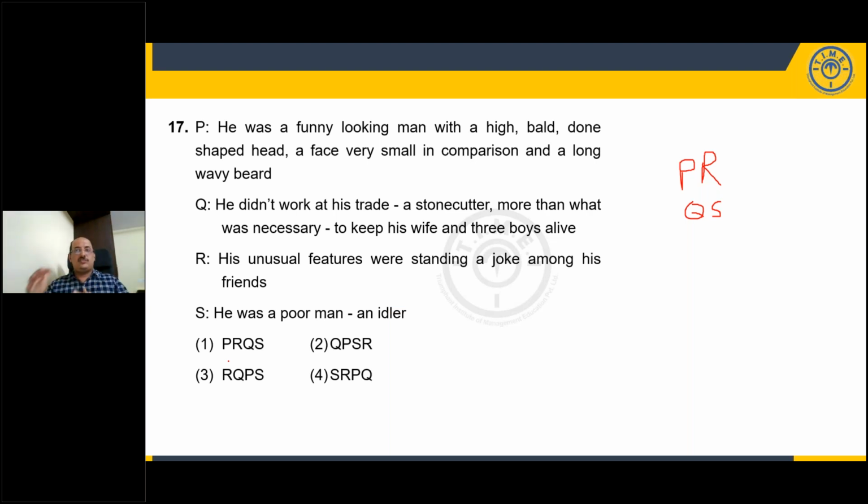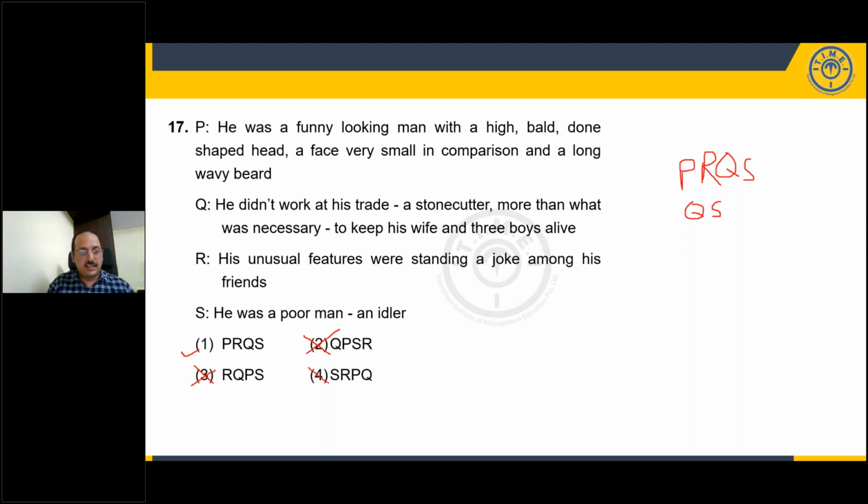Would I talk about his job? First you'll talk about how he looks and then I talk about his career. So therefore, I'll have to start with PR and then go for QS. My answer would have to be PR, QS. Is there any option like that? Yes, option number 1. So 2 gets eliminated, 3 and 4 also get eliminated. So my answer is option number 1.